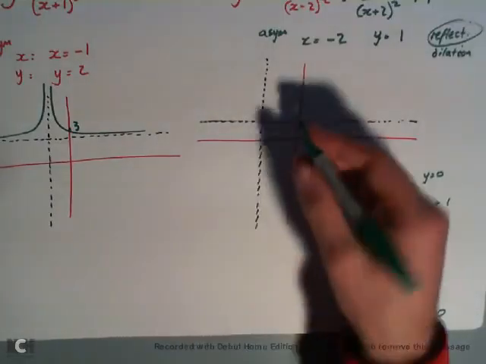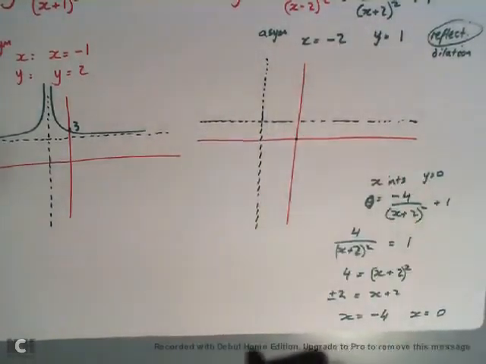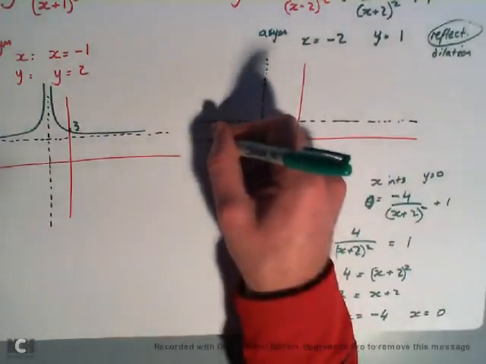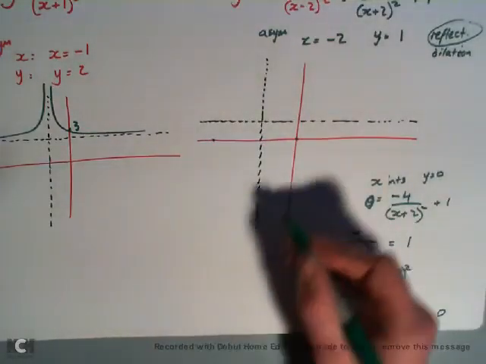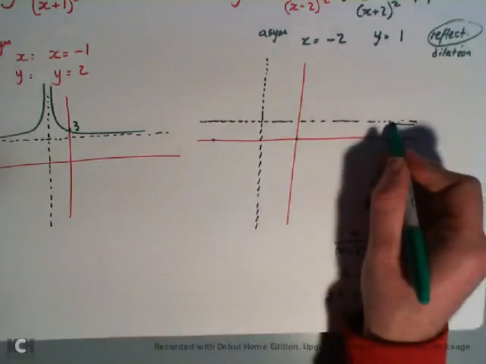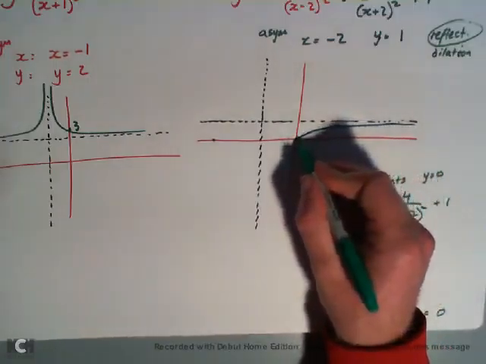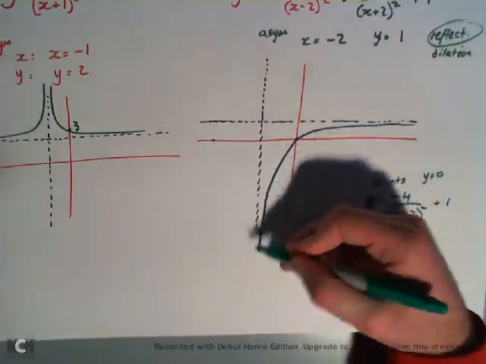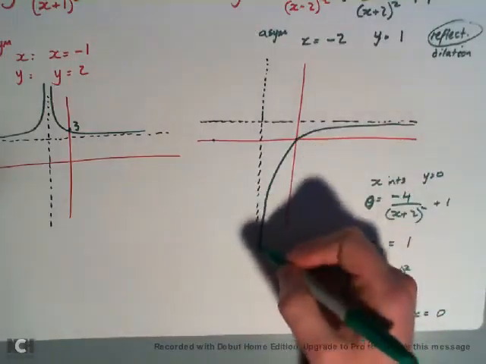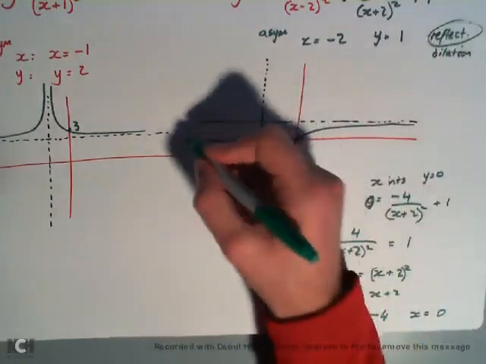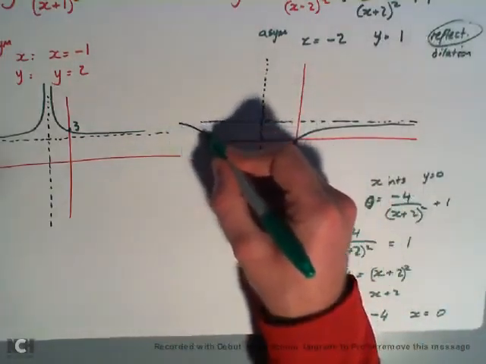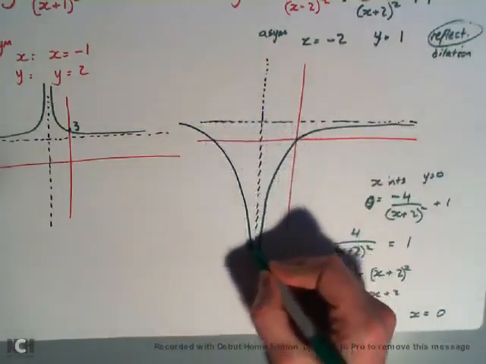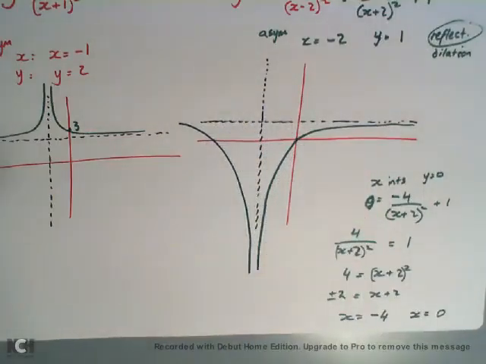Okay, so there's one there and one down here. Then we just put in the points and sketch the graph. And remember we're going down this way because we've reflected it. Now those x-intercepts have just shown us how we've dilated it.